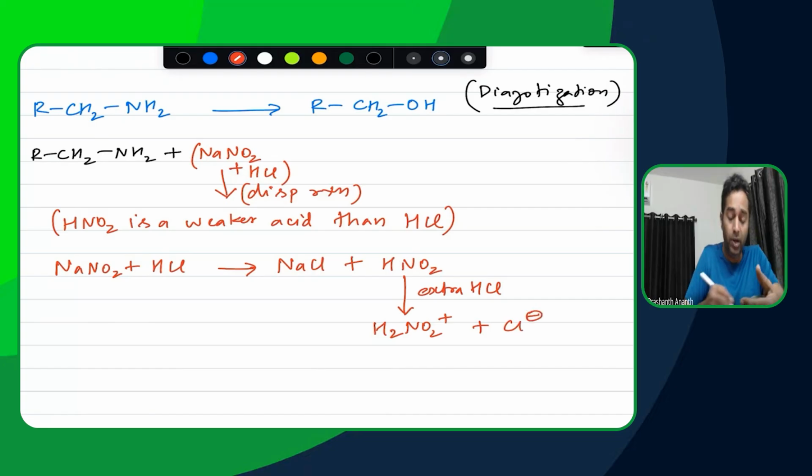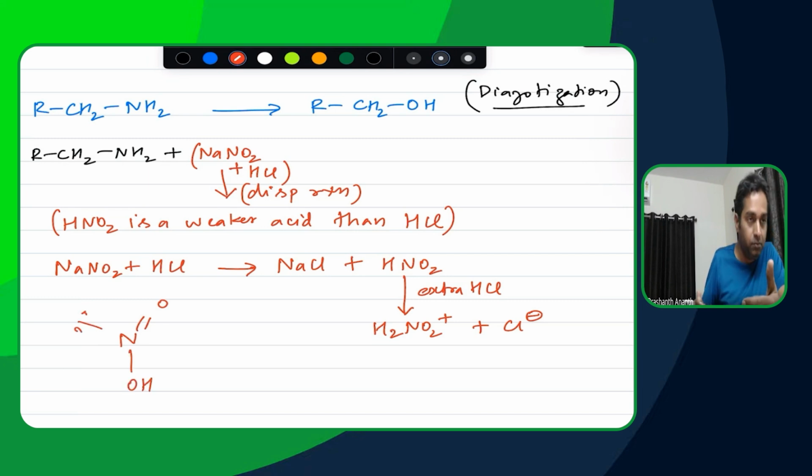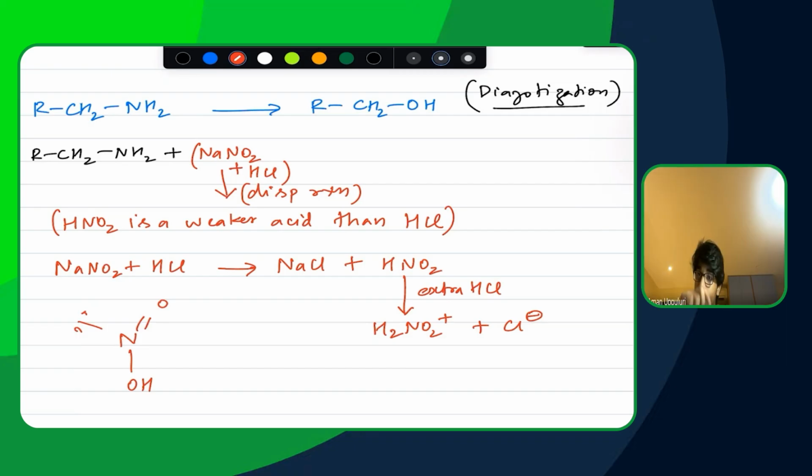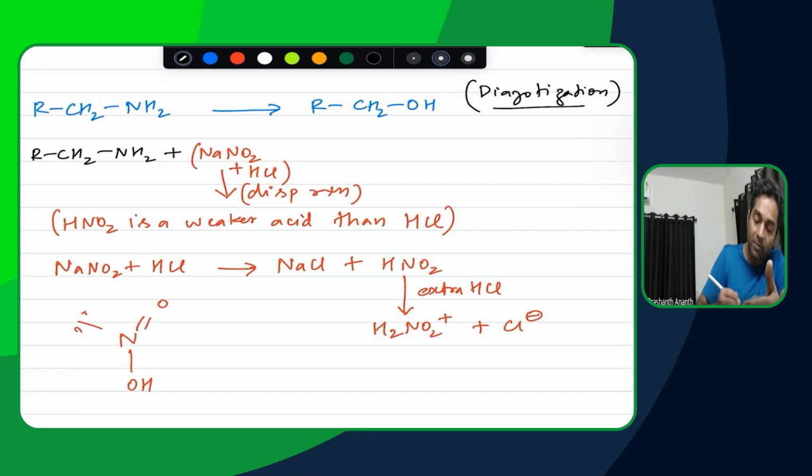Now let's study the structure of this H2NO2 plus 1. HNO2, by the way, has a structure like this. If this is going to accept a H plus, where will the H plus get accepted?